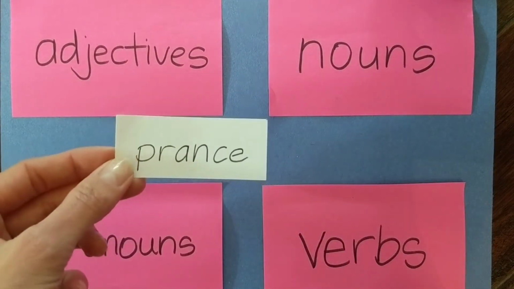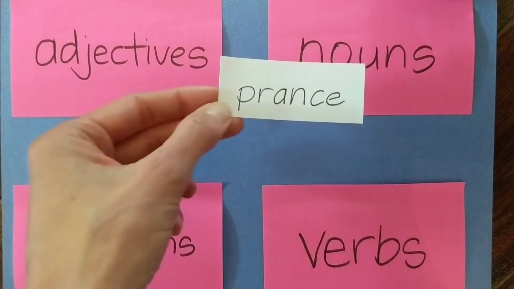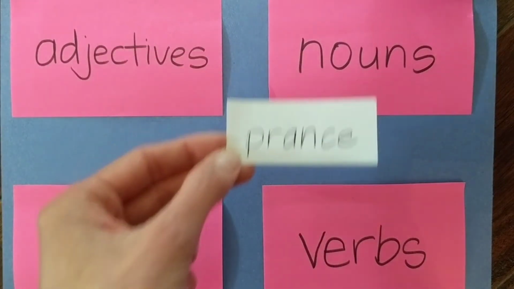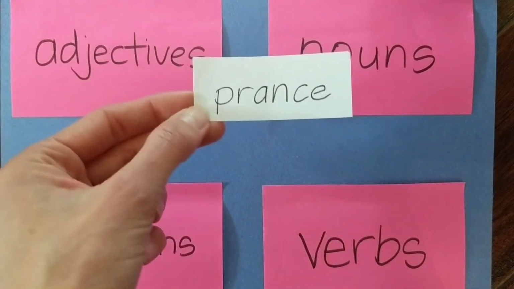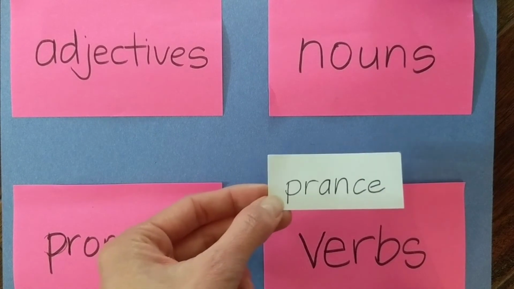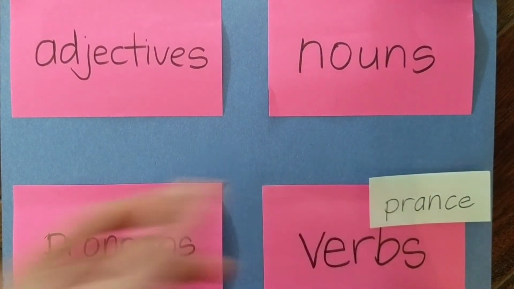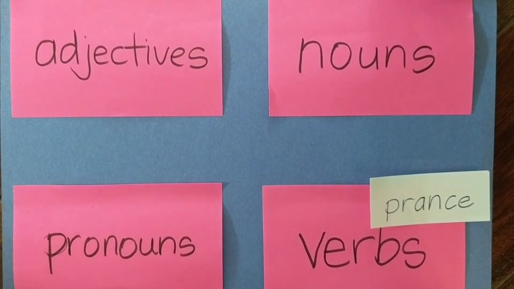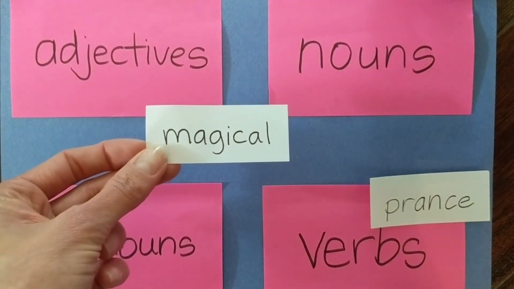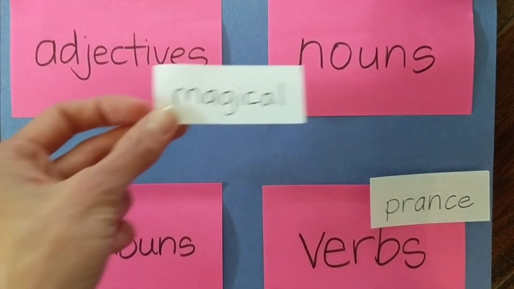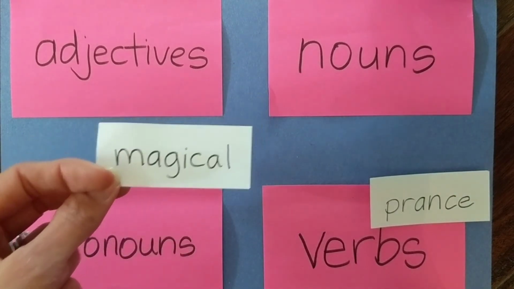So we're going to start with the word prance. So stop and think, which part of speech and how do you know? Okay, I hope you said prance is a verb because it shows an action. Yay! Let's go to our next word. What about magical? What part of speech and how do you know?